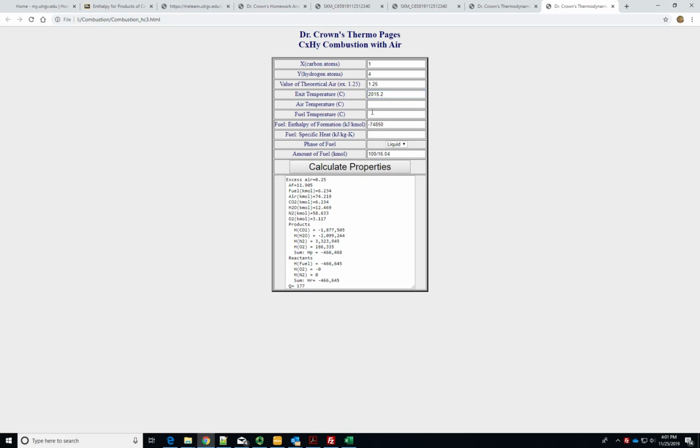Now you could make a program that would do that for you, that would iterate until it got to 0, but you can quickly find it, especially if I took a little time to just write two values down and do linear interpolation between them. I'd probably converge on it very quickly. But if you did this by hand with the tables, there would be a lot of calculation to try and get to a very accurate answer. So hopefully you see that it's a benefit in writing a program.